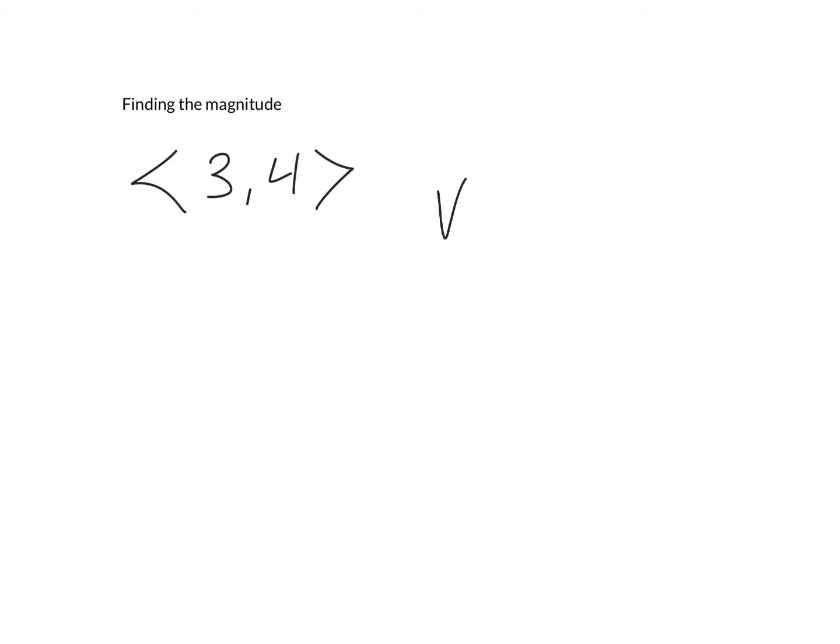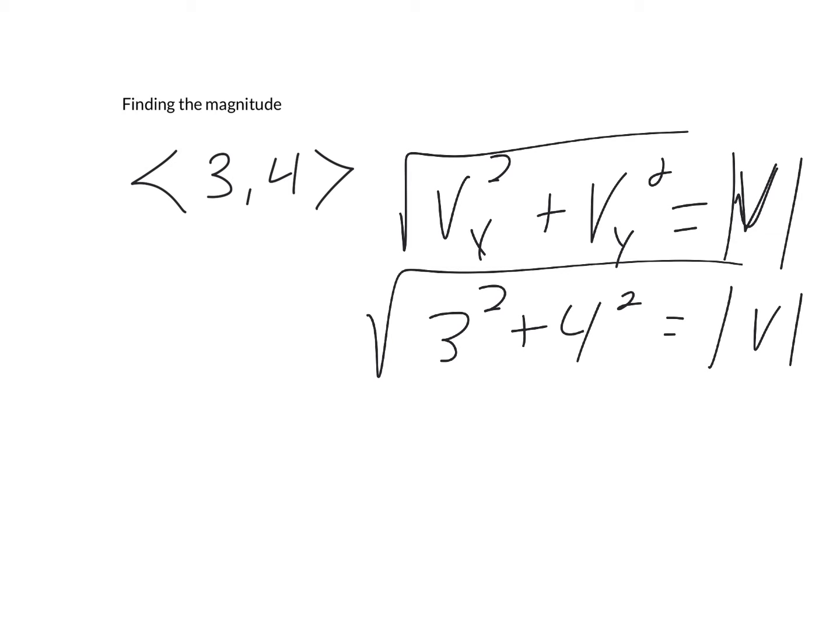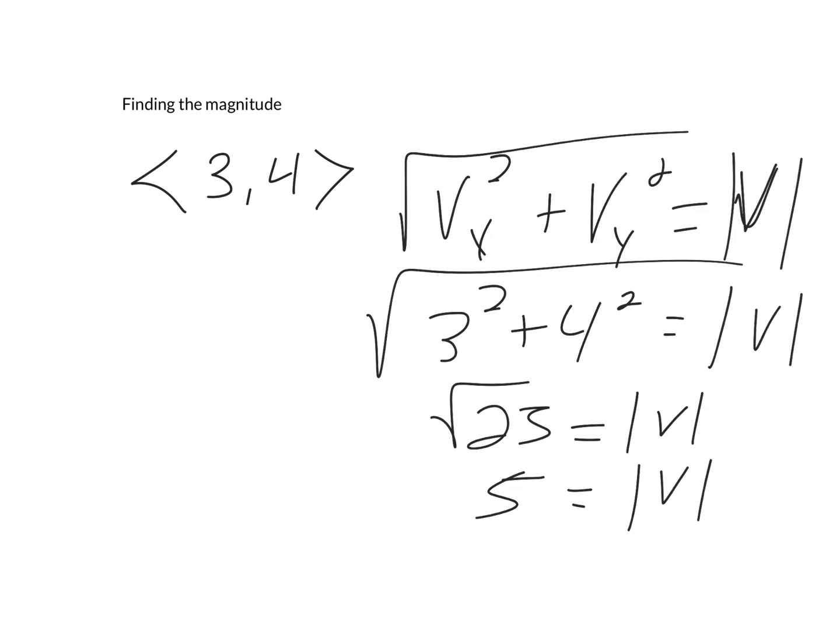All we need to do is take change in x squared plus change in y squared and find the square root of the whole thing. 3 squared plus 4 squared, square root of 25, which is 5. And there is our magnitude.